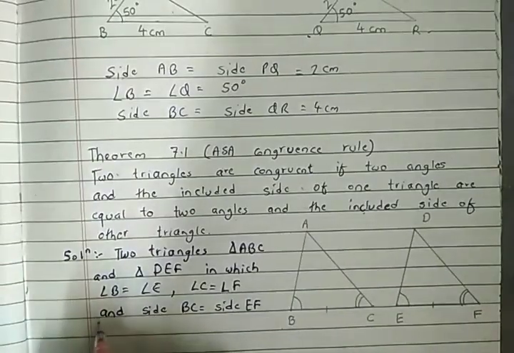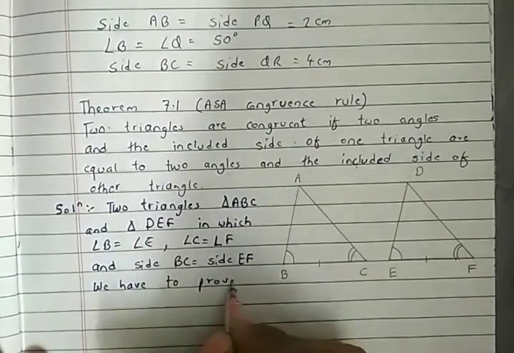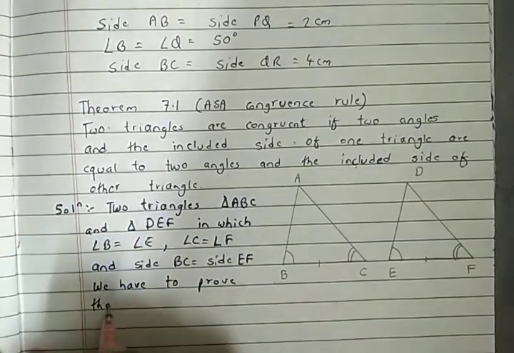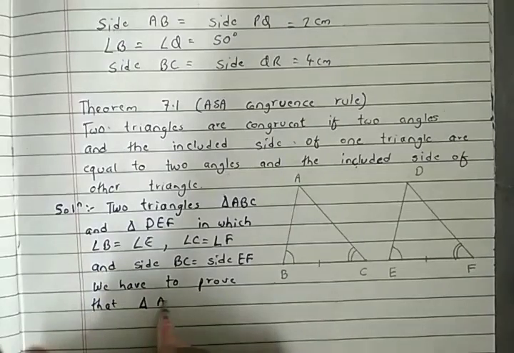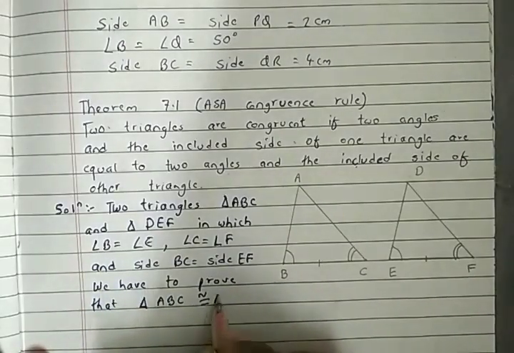So we have to prove that triangle ABC is congruent to triangle DEF.